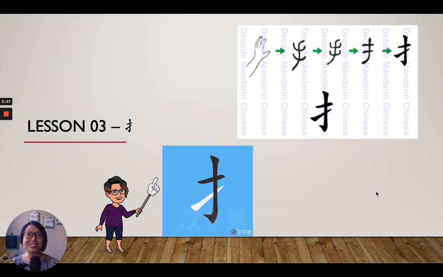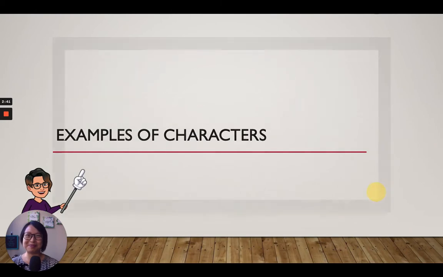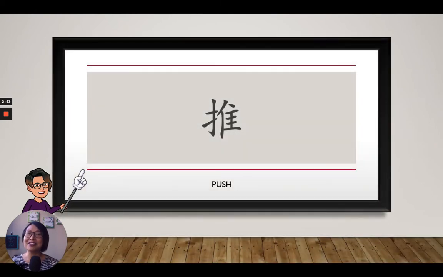Let's take a look at some words that have this radical. 第一個係推推推 means to push. And when we push, we usually push with our hands, right? So this is the word for push. 推. What about the reverse of 推?